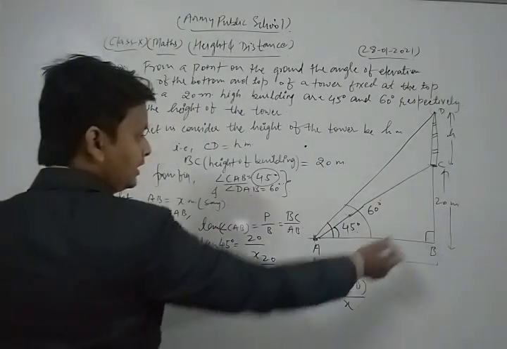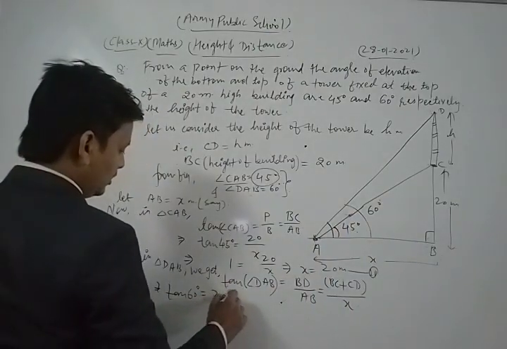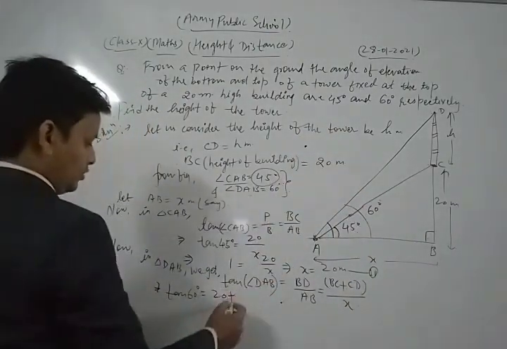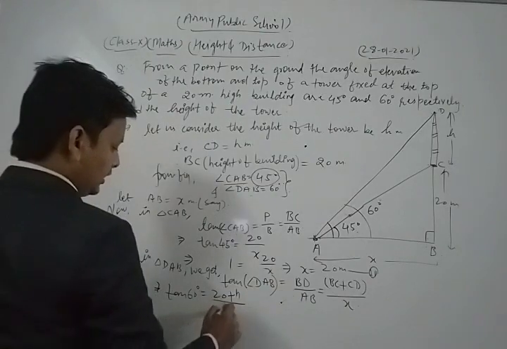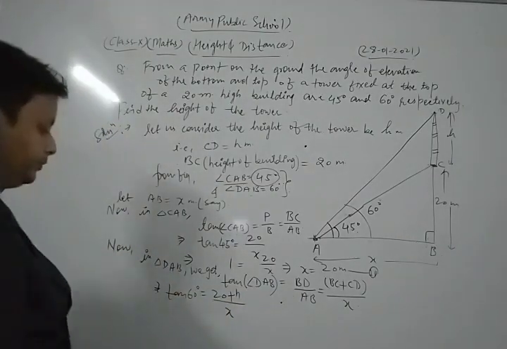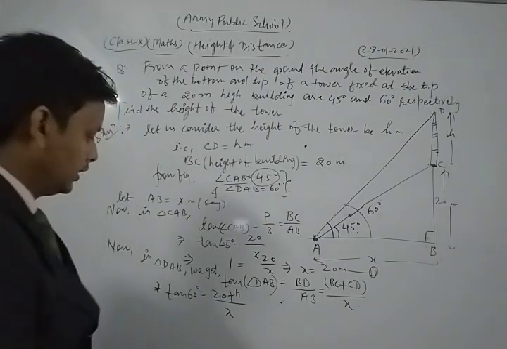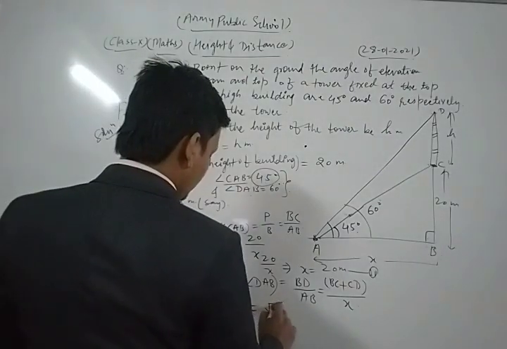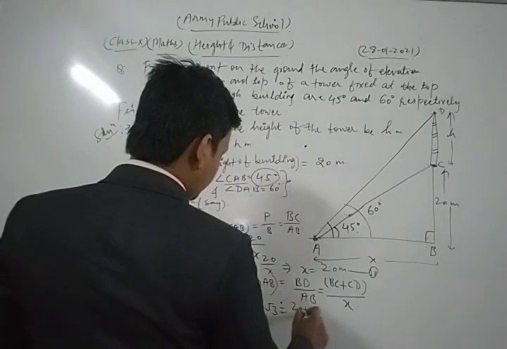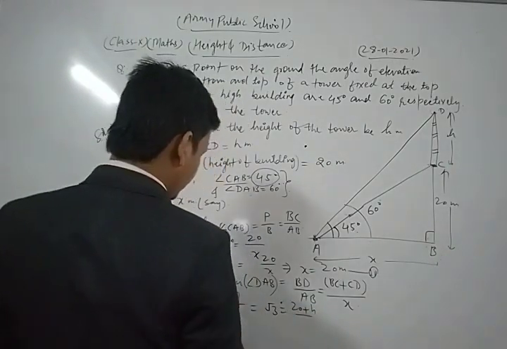is equal to BC, which is 20, plus CD, which is H, upon x. The value of tan 60 is root 3. So we write root 3 is equal to 20 plus H upon x.